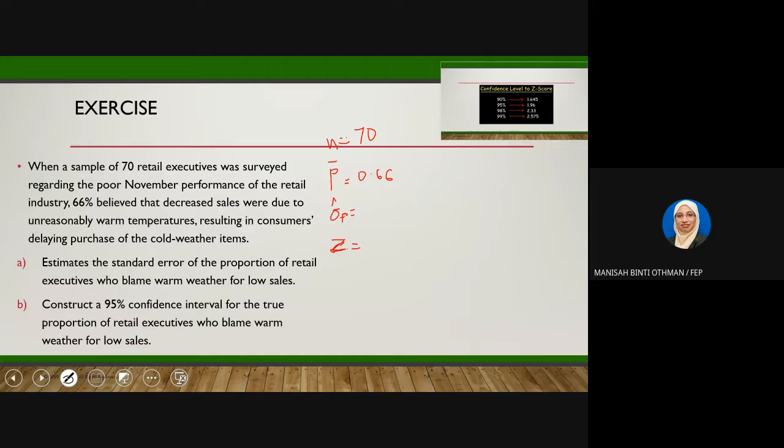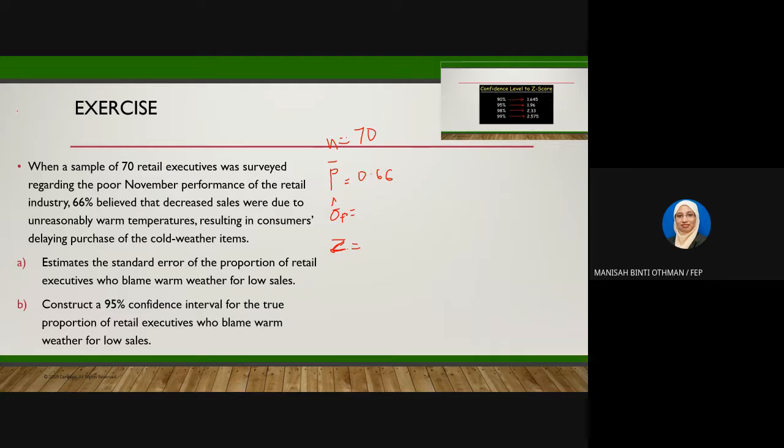The performance of the retail industry, 66%, is given to you as P bar. So 66% believe that decreased sales were due to unreasonably warm weather, and you want to construct the interval for those who blame warm weather for low sales.